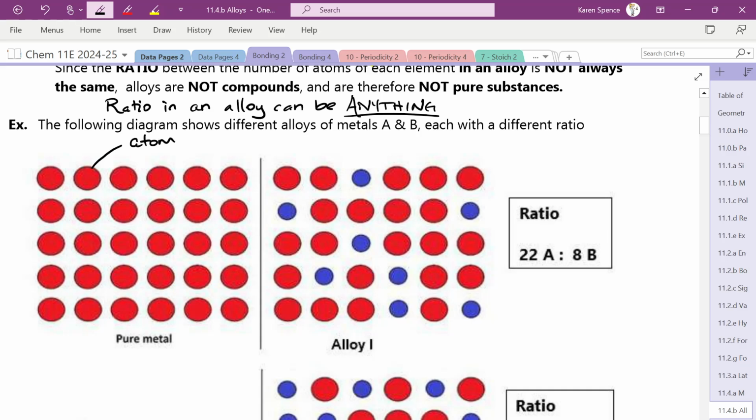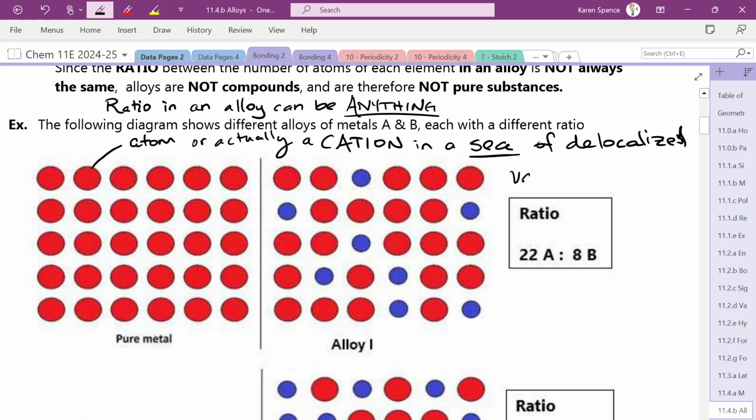Or actually, it's a cation in a sea of valence electrons. So we have a larger metal and we have alloyed it with a smaller metal.